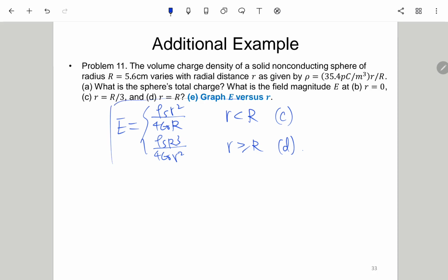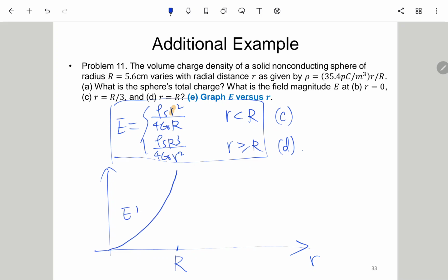Okay, so we can plot this out. For this part we can observe that E is proportional to r squared. Suppose this is capital R and this is the r axis, this will be a square function, proportional to r squared up to this point.